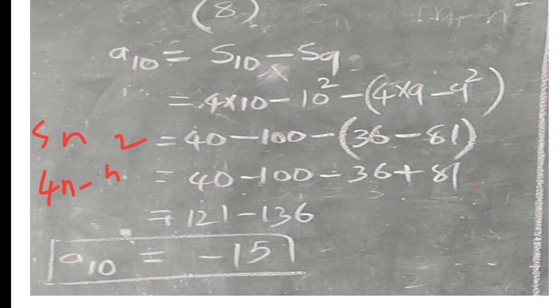First add the positive numbers: 40 and 81 is 121. Next 100 and 36 is 136. So 121 minus 136 is minus 15. So the 10th term is minus 15.